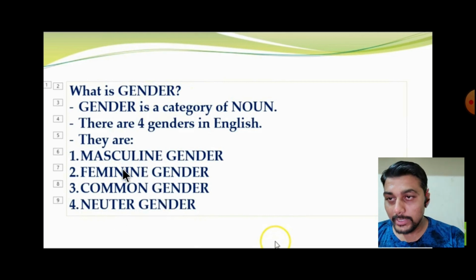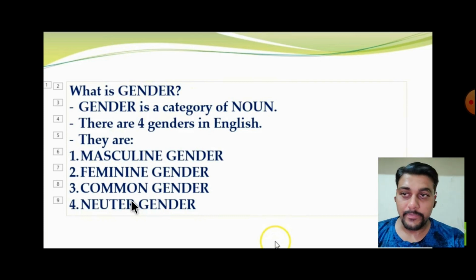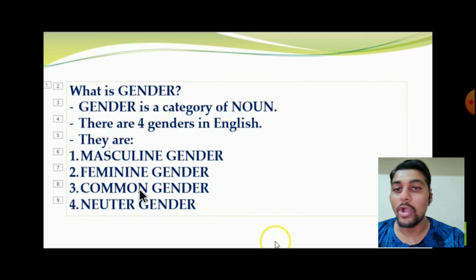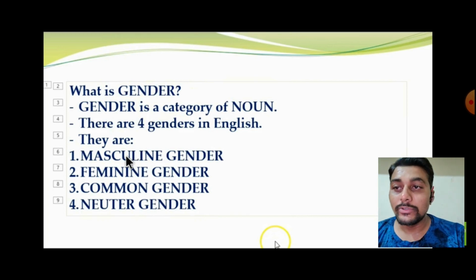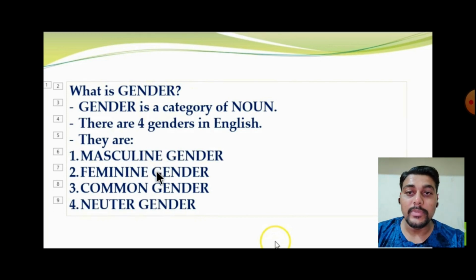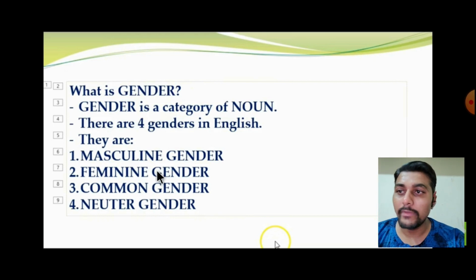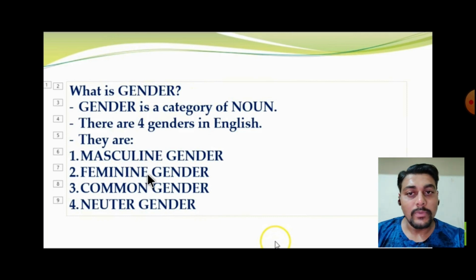We will learn all these 4 types in detail: what is called masculine gender, feminine gender, common gender, and neuter gender, with examples. Then we will discuss how to change masculine gender into feminine gender, or feminine gender into masculine, vice versa. It will be asked. We will discuss all these things in this session only.